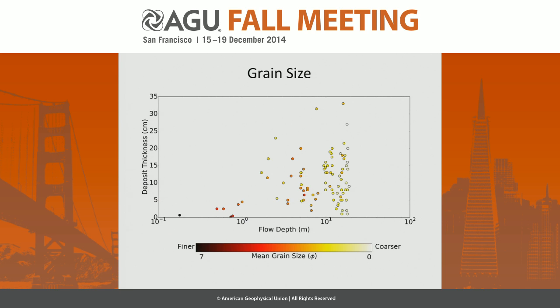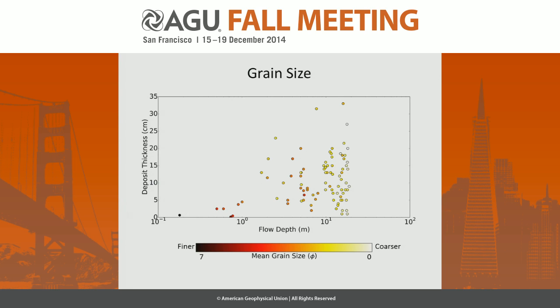And this could be explained a couple ways. One explanation would draw upon our original conceptual model, where we said at a greater flow depth you have a greater flow velocity, and thus you could transport coarser grain sizes. However, this is an unlikely explanation in the case of tsunamis, because typical tsunami flow speeds are going to be capable of transporting the entire range of grain sizes on this plot.